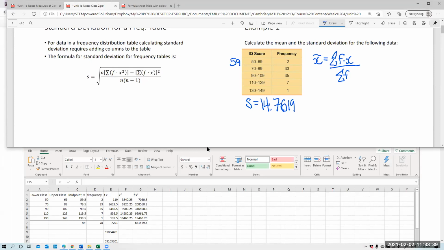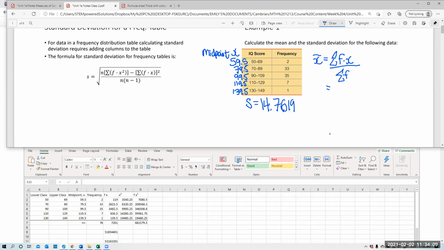So it's 59.5, 79.5, 99.5, 119.5, 139.5. So I calculated all the midpoints, and that's what X is in the formula. Remember, midpoint equals X in the formula.